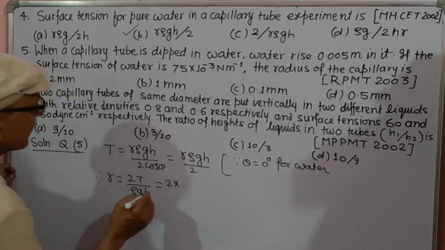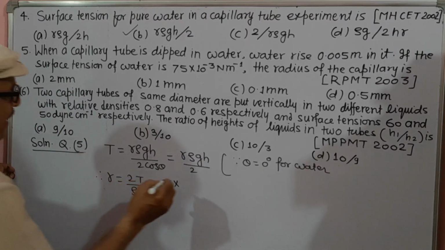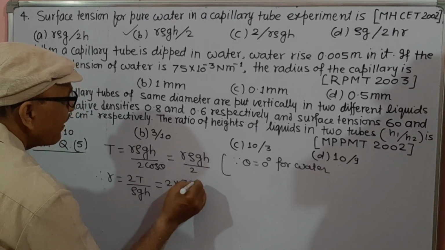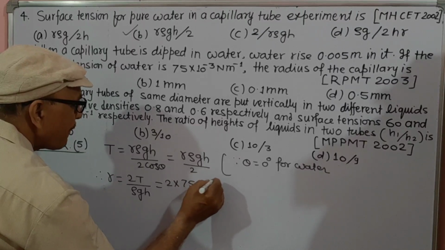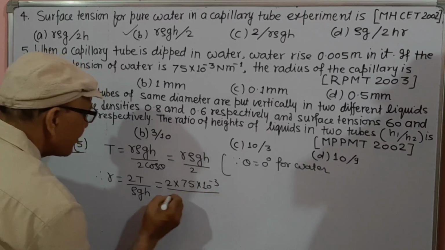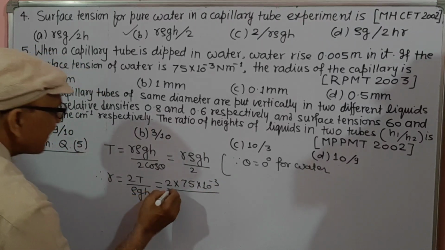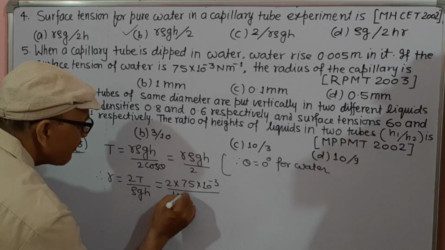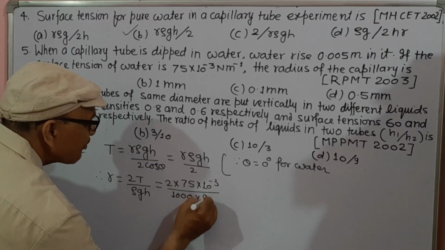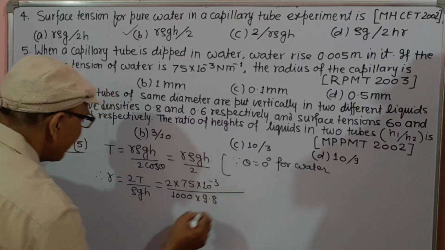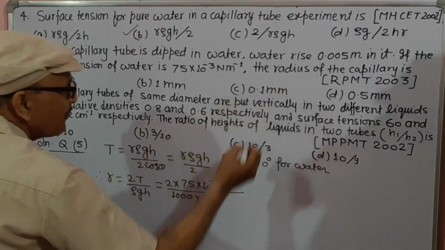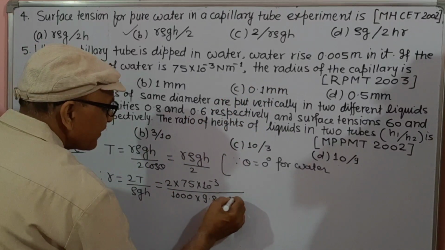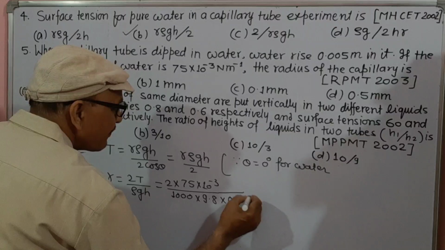2 into T is 75 into 10 to minus 3, upon rho. Water of density is 1000, g is 9.8 and h is given to be 0.005.